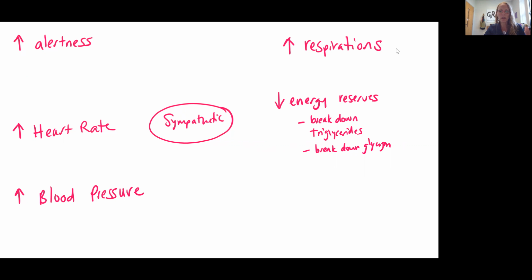So we have a lot of fatty acids and glucose available for ATP production in our cells because we are increasing the metabolism of those cells. And then we'll also see an increase in our muscle tone so that our body is tensed and ready to respond to whatever this stressful situation is. Okay, so this makes sense why we would call it the fight or flight response.